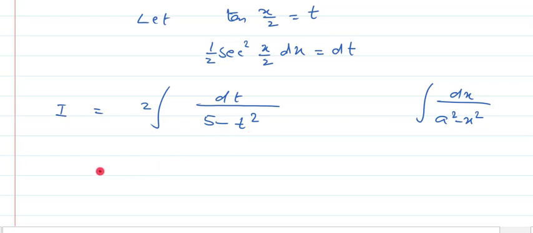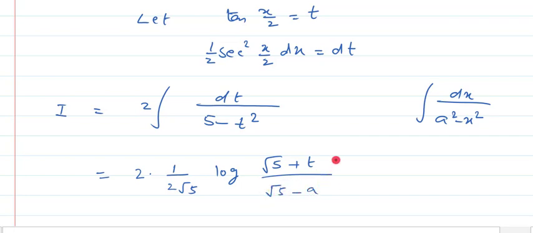So we know very well that this identity of integration is 2 into 1 upon 2a log a plus x upon a minus x, it is. Means we will write it as t and plus c.